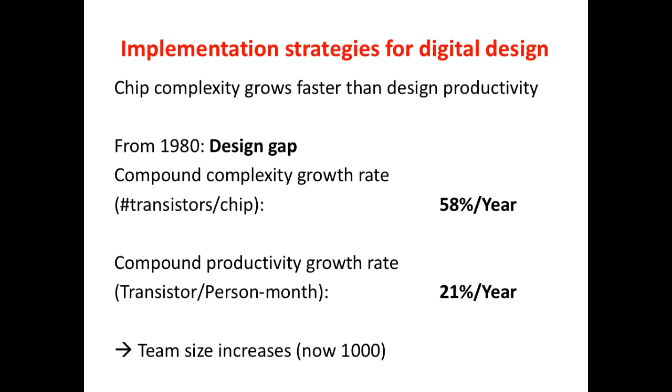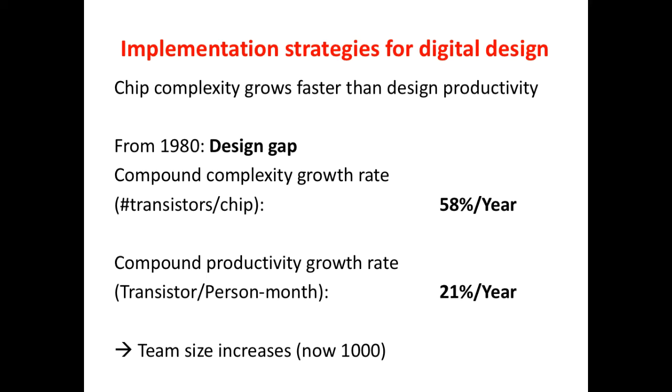On the other hand, the personal designer productivity growth rate has been on average in the same time of about 21% per year. So how do we measure the productivity of a designer?